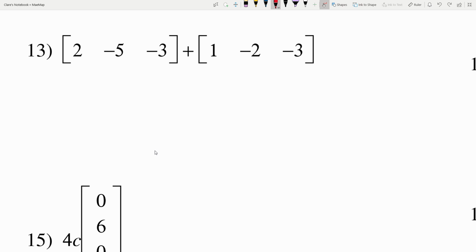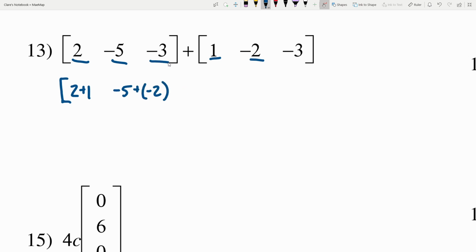Now, let's do number 13. So in number 13, 2, negative 5, negative 3, the matrix, which is a 1 by 3, will get added to another 1 by 3. 1, negative 2, negative 3. So, row 1, column 1 will be 2 plus 1. And then, row 1, column 2 plus row 1, column 2, negative 5 plus a negative 2.